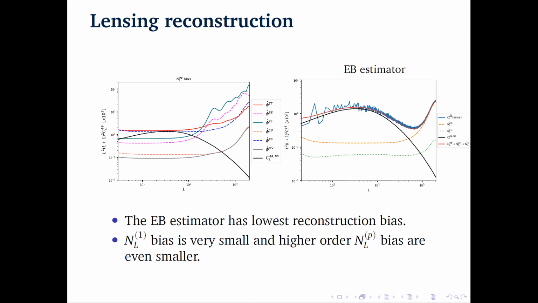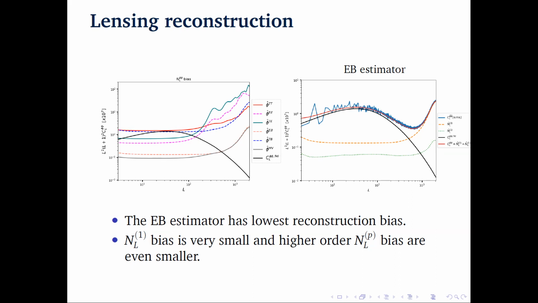Compared to Planck, this is a different result, because in Planck we had the TT estimator, which had the lowest reconstruction bias. So this means that for CMB-S4, the polarization maps will be important in reconstructing the lensing potential.